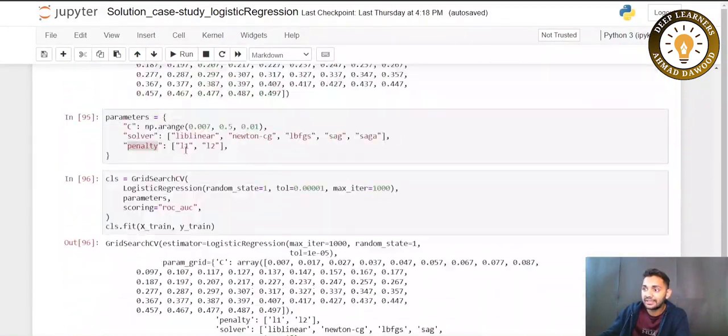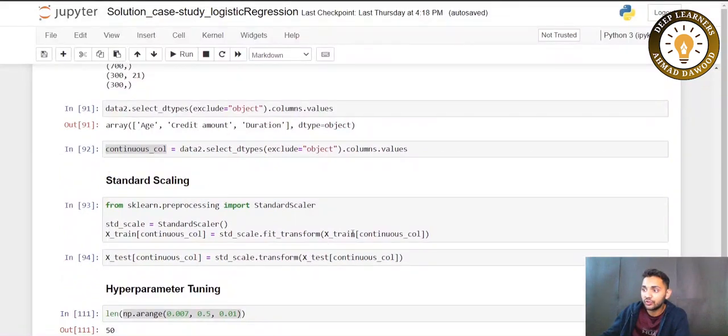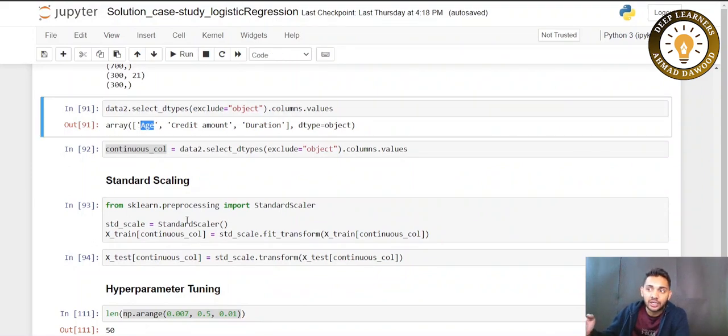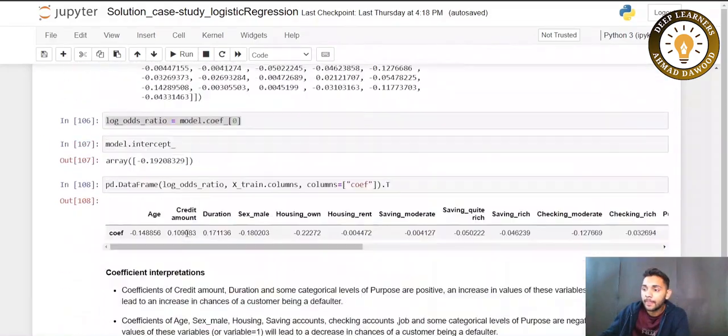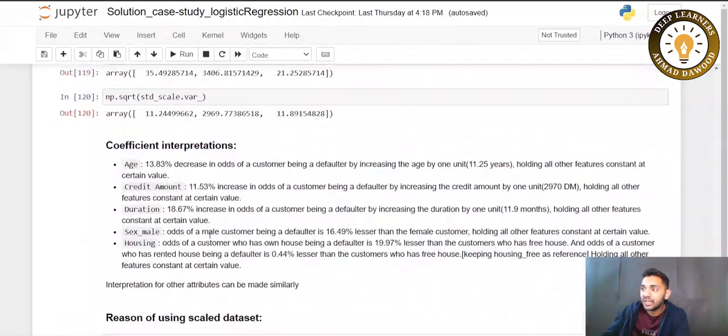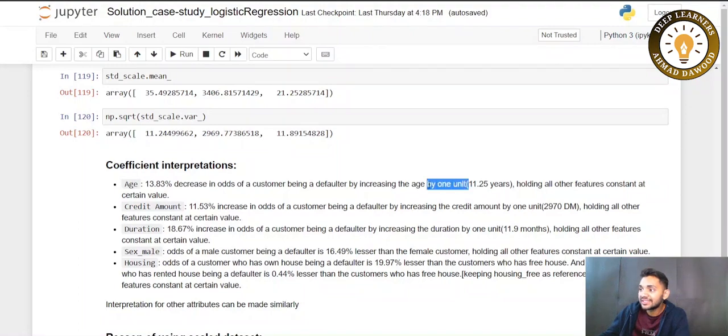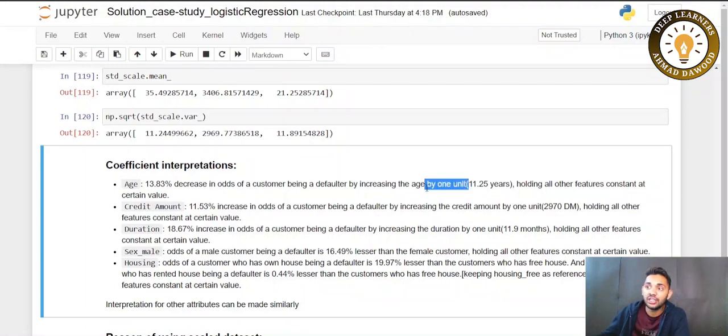We have done standard scaling on these continuous variables: age, credit amount, and duration. So age is now a scaled column. Change in 1 unit does not mean change in 1 year. Change in 1 unit means it is in the form of scale.